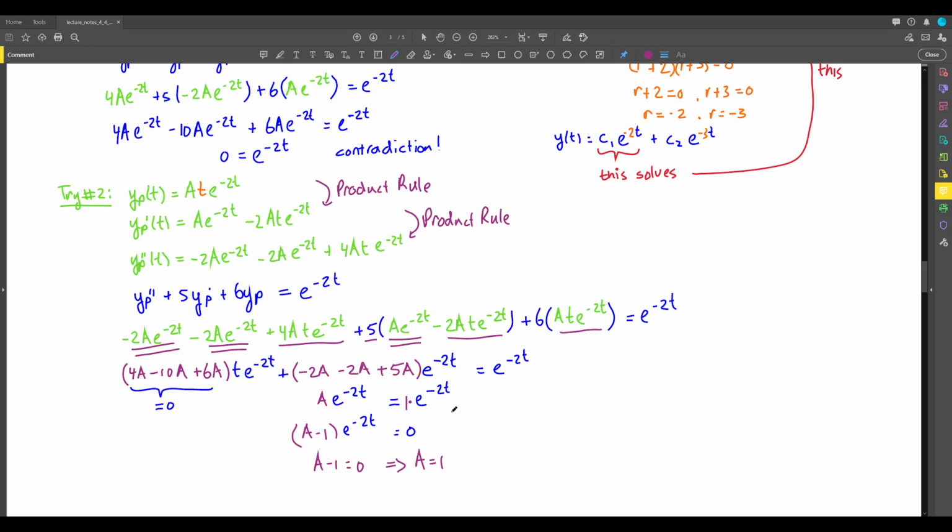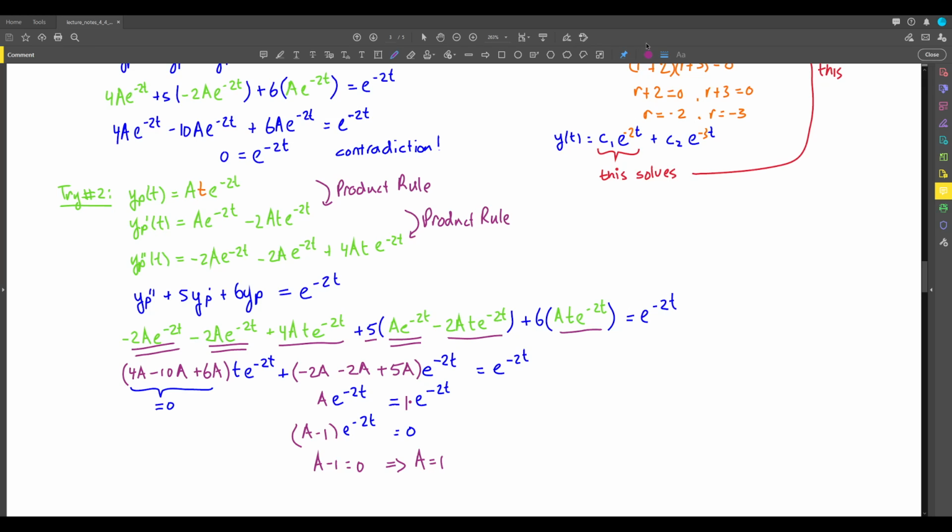Well, since these two t functions are identical, that means that the coefficients have to be identical as well. So you could directly see that a equals 1. If that is a little bit too hard to see, don't hesitate to keep doing it the way we've been doing it before. So a equals 1.